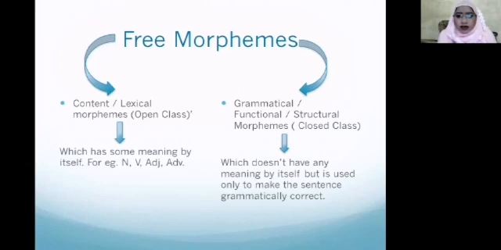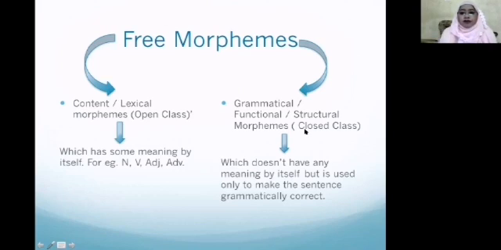Although pronoun comes in semi lexical items, anyways, these are the words that don't allow us to add any affix. We cannot add r, a, r, e, r. It is just a word. We cannot create any other word by adding anything to it. The is just the, a and is just. So that is why all these categories are called closed class, or we call them closed morphemes. Clear?